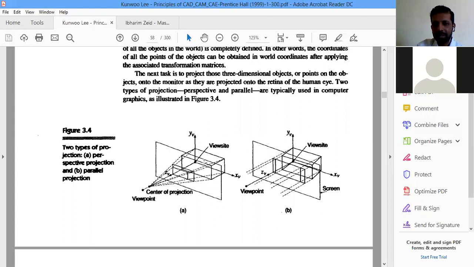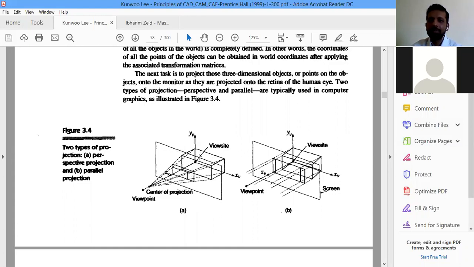But in between the center of projection and the object, there is the display screen that comes into the picture. Even if the object is actually big, as I mentioned, if we have to draw a rectangle of 1000 mm by 1000 mm, it doesn't fit onto the screen in actual dimensions.